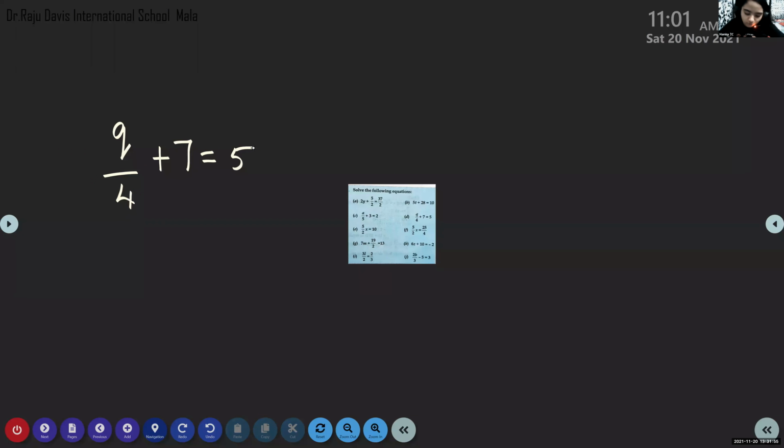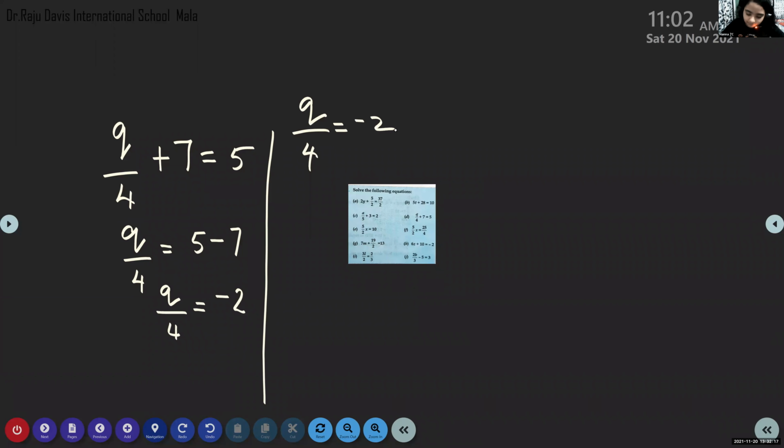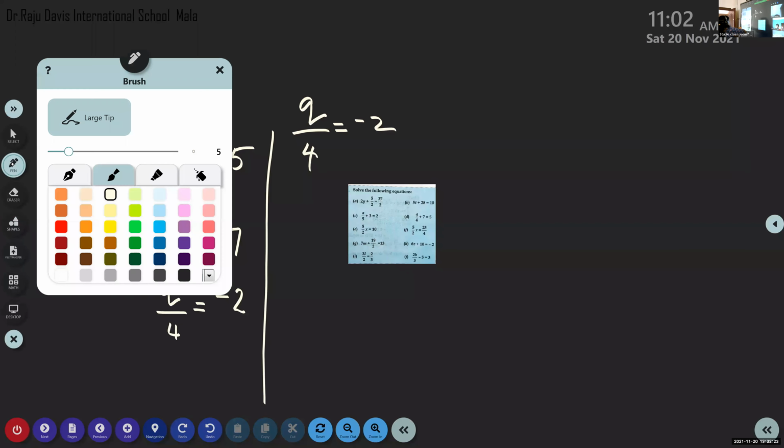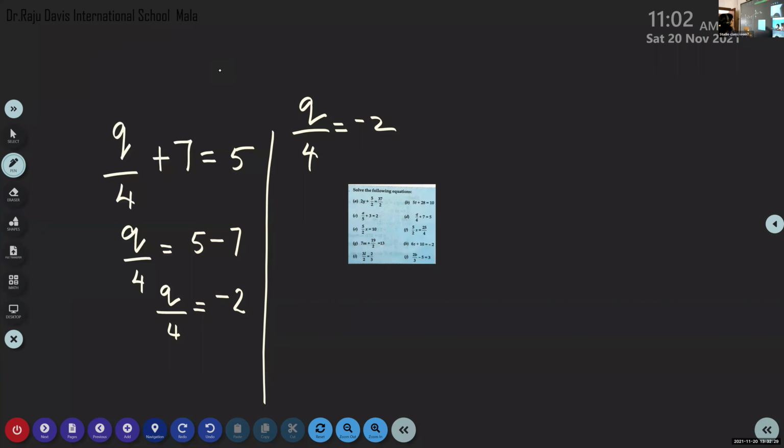So next step, 4 we have to transpose, isn't it? So we'll take 4 to the other side. 4 is the denominator here, no? So it will become the numerator.